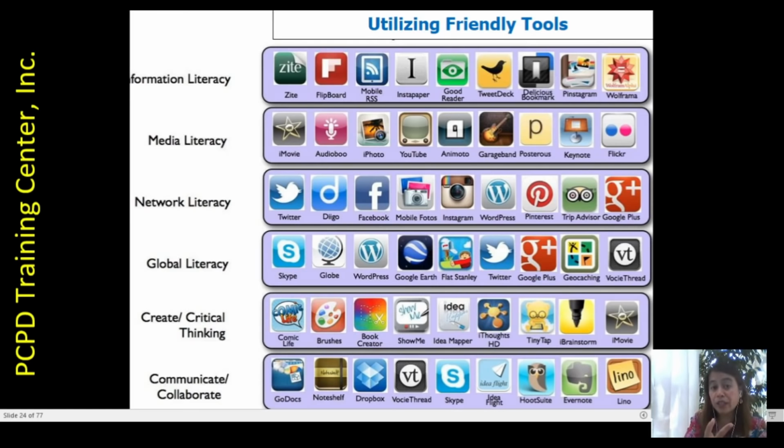They already have knowledge when it comes to technology, but they need to innovate and step up to become digital natives. So may I recommend this platform? So do you have information literacy? Okay. We do have media literacy, network, global, create, critical thinking, and communicate and collaborate.